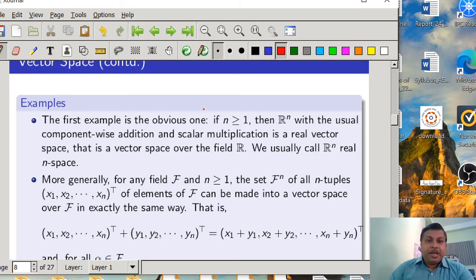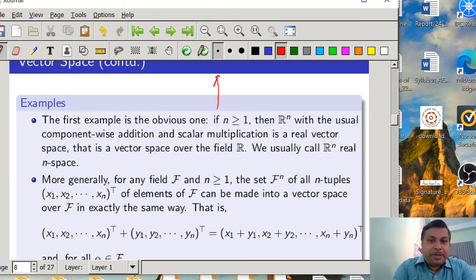We usually call Rn real n-space. So now suppose we want to imagine R2. R2 means we choose the elements from the field R, and it has two components in the vector space.